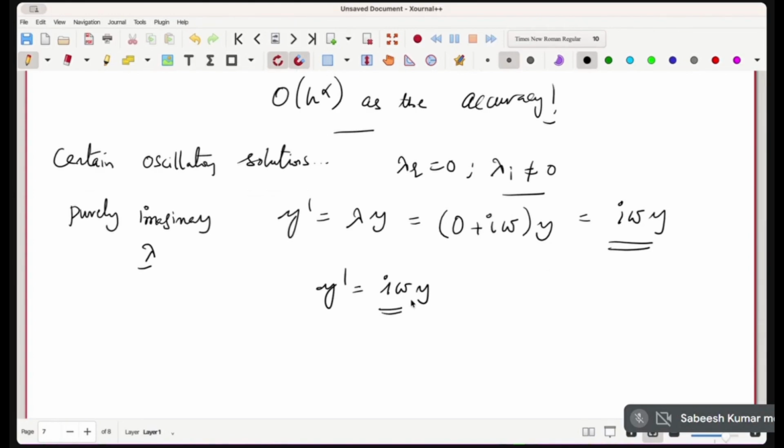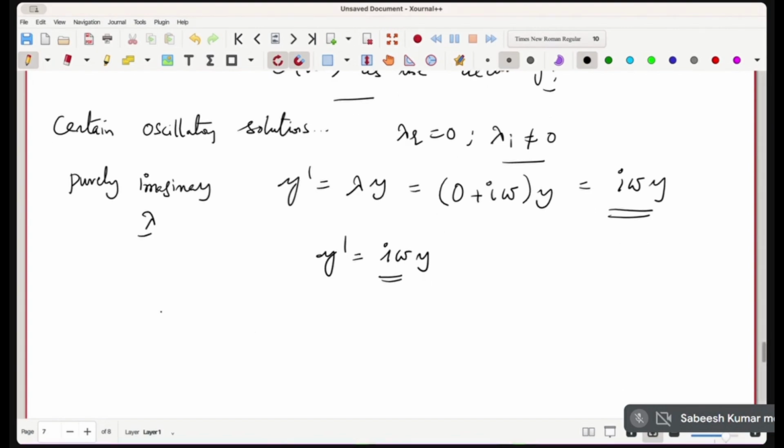Okay, if it is y prime equals I omega y, then what will happen is that the exact solution is basically e to the power lambda h, to the power n times y naught, is equal to yn, right? That is the exact solution. That means the exact solution is nothing but e to the power I omega h.